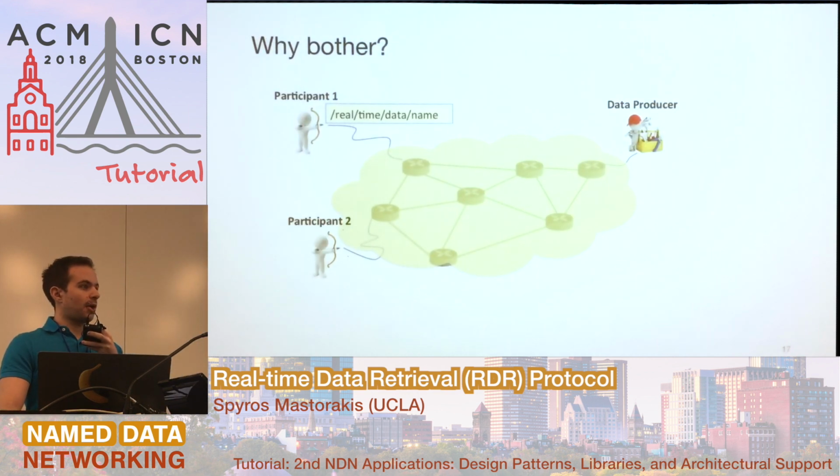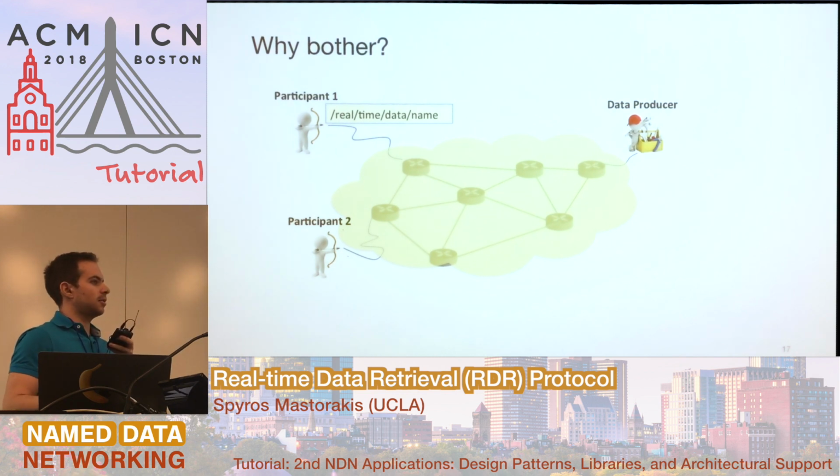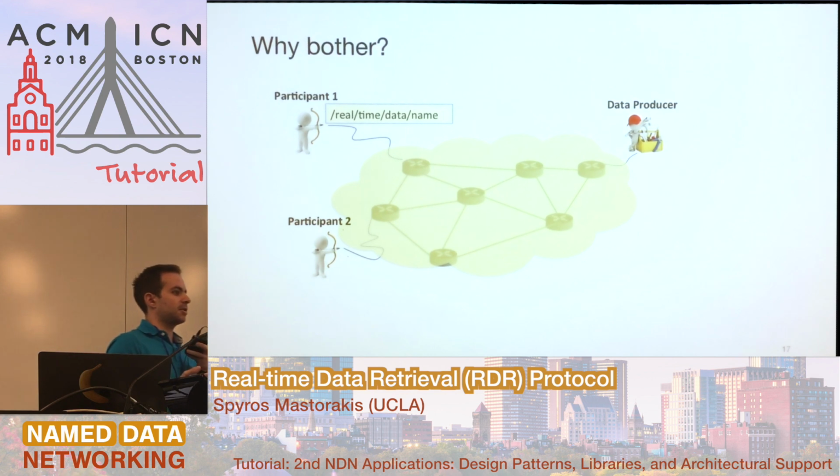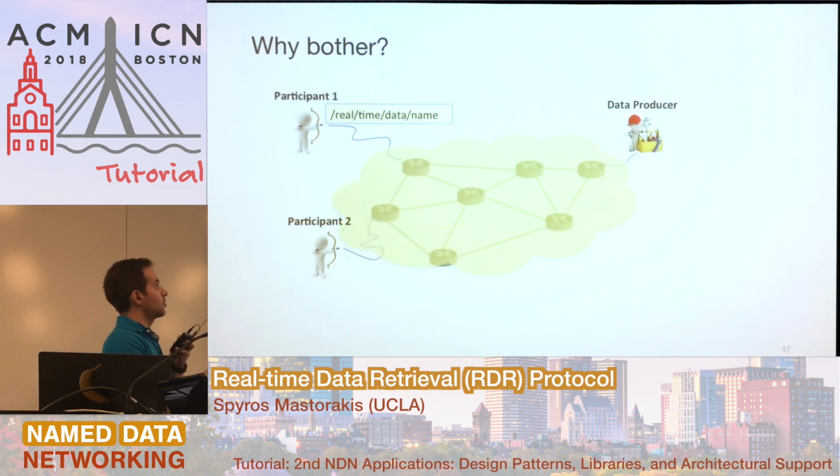So this is a rather simplified example, an extreme one as well, but I just want to illustrate the problem. In this case, we have two participants. You can think that these participants are having a video conferencing call, for example, using NDN RTC. So we have the data producer on the one end.